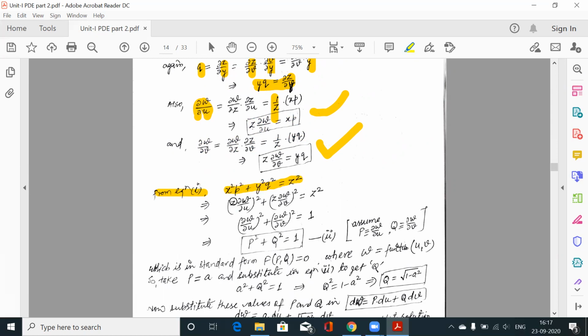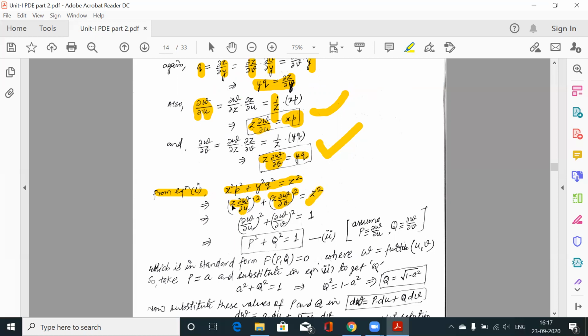Now the value of x p from this equation is z del w over del u, so z del w over del u whole square. Again, the value of y q is z del w over del v, so z del w over del v whole square. And the right hand side we have kept the same, z square.